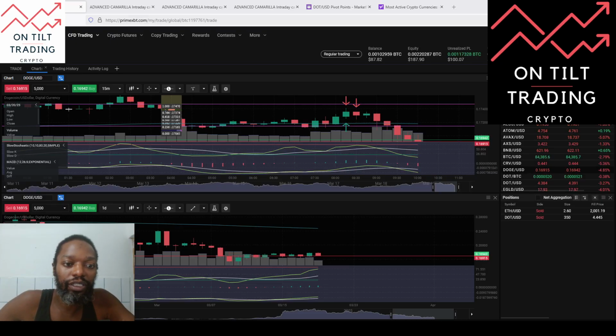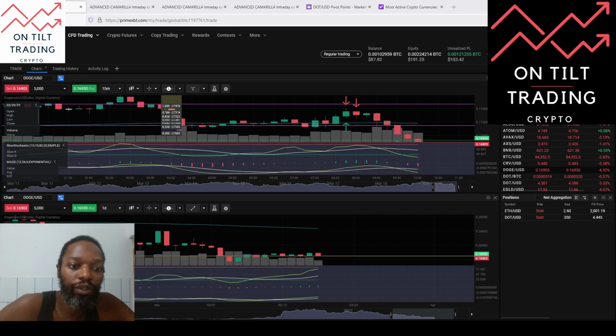Based on my trading strategy, which is based off the Camarilla pivot system, any price action of a currency pair that sells below the S4 level would be good for a short.